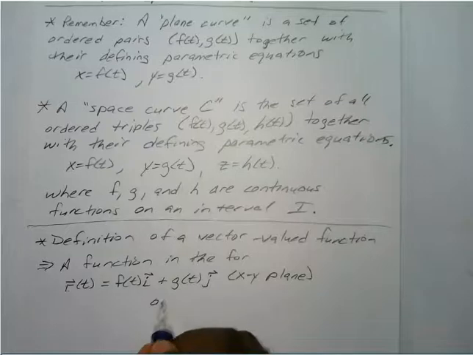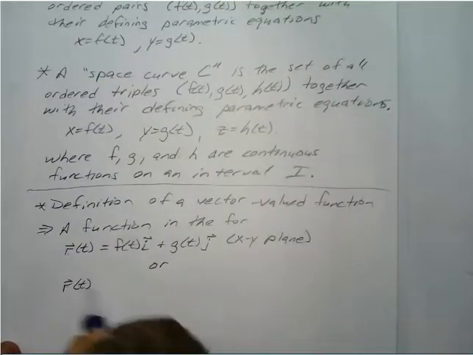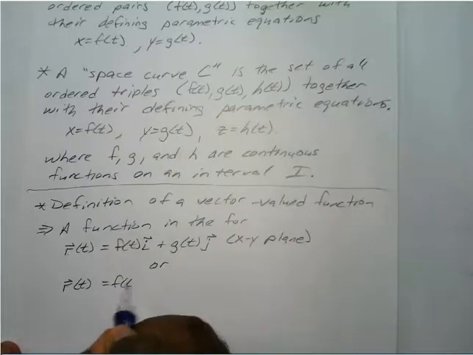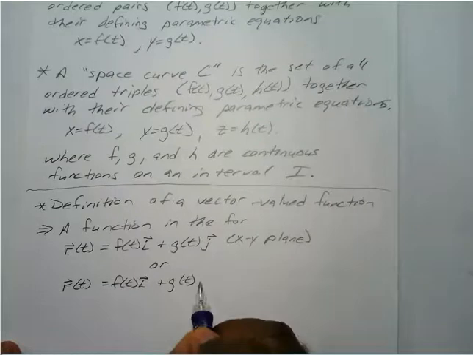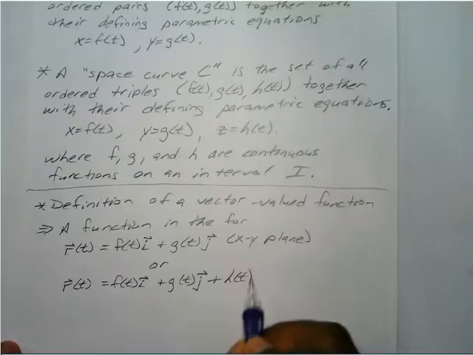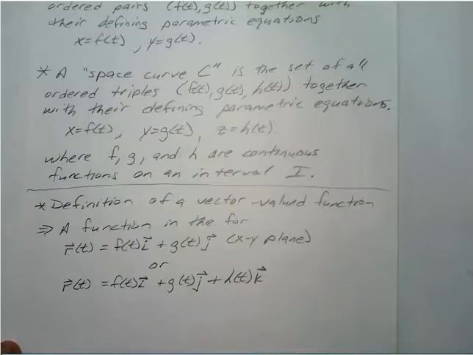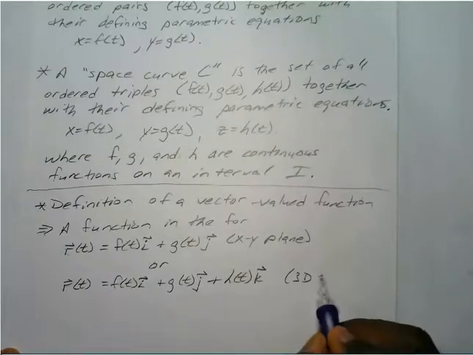Or our R vector of t is equal to f of t times the i unit vector plus g of t times the j unit vector plus h of t times the k unit vector. And of course that's in 3D space.